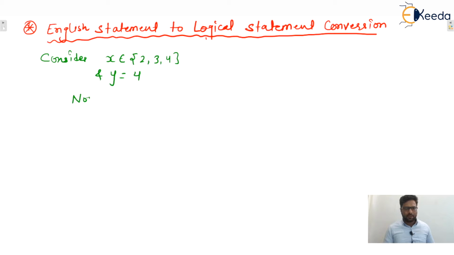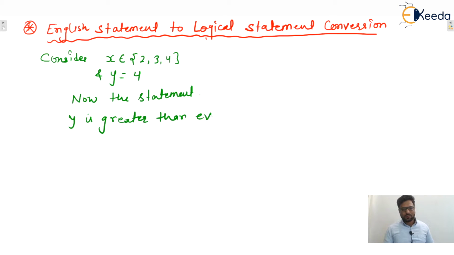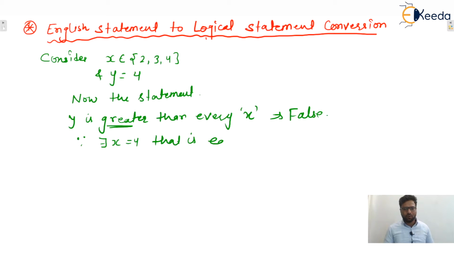Now tell me whether the statement "y is greater than every x" is true or false. This statement is false, because greater means strictly greater, not equal to. There exists some x that is 4, which equals y.